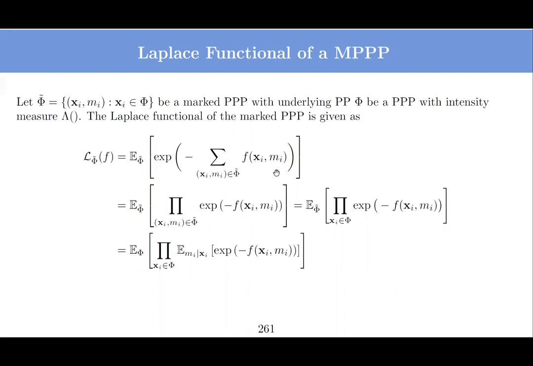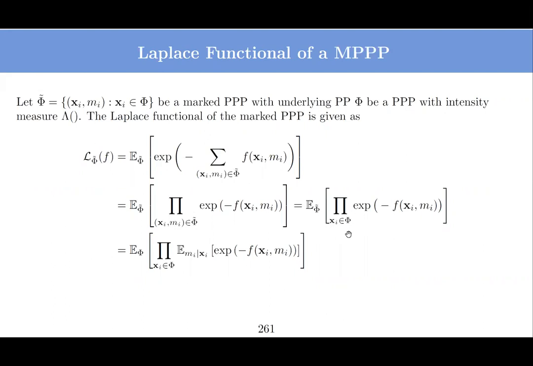This can be any function from R^d cross the mark space. I'm assuming the underlying PPP has an intensity measure capital Lambda. What I first do is convert this exponential of a summation to a product of exponentials, so this can be written as the product over all points of exponential of minus f(x_i, m_i).